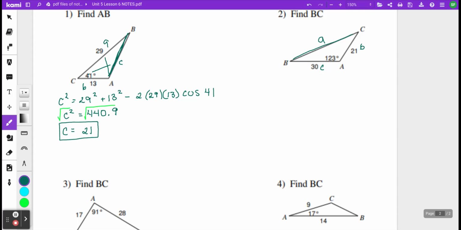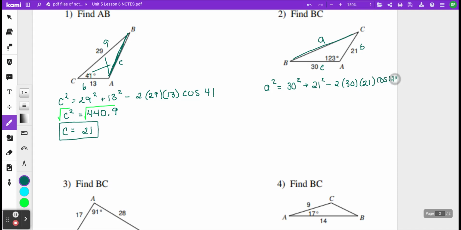Since we want to find A, we're going to say A squared equals one side plus the other, minus 2 times those sides, and then cosine of our angle here.